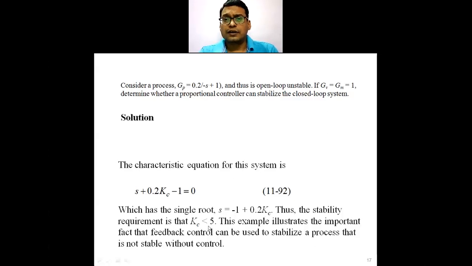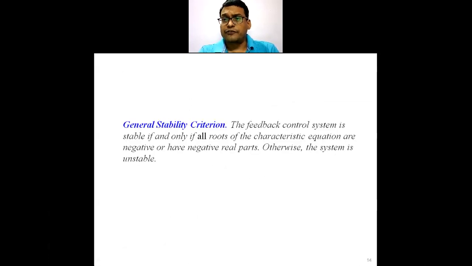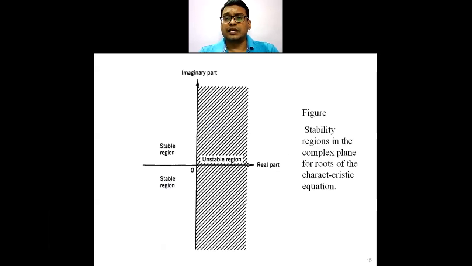So how is it? In this case, the feedback control system is stable if and only if all the roots of the characteristic equation are negative or have the negative real part. Then and only then the system becomes stable. Now, you can have the imaginary part and the real part. On the right side of the imaginary axis, if the roots are positive, then the system becomes unstable.